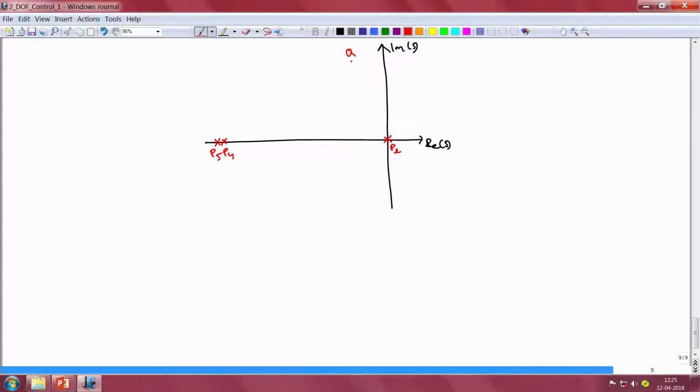Now we want to make sure that when our plant's gain assumes its maximum value possible, the point q does not lie on the right half of the complex plane. At most it should lie on the imaginary axis, although strictly speaking even this is not really desirable. It should in general lie slightly to the left of the imaginary axis, so that we still have a stable closed loop system on our hands, or in other words a system all of whose closed loop poles are on the left half of the complex plane.